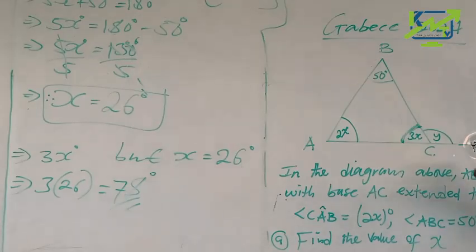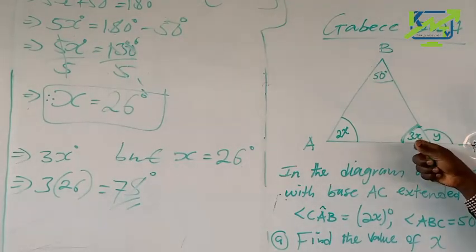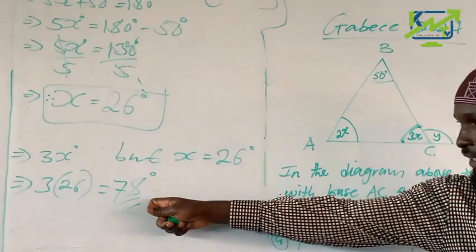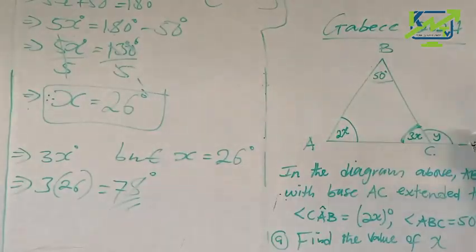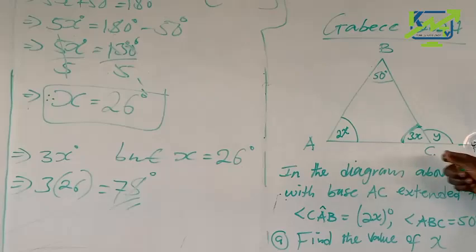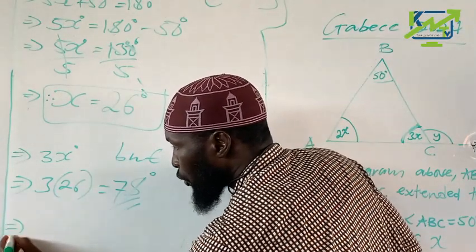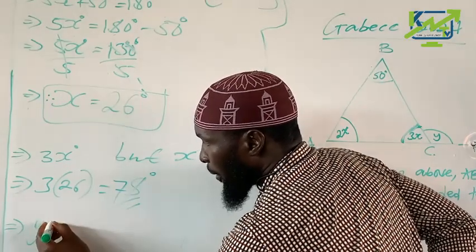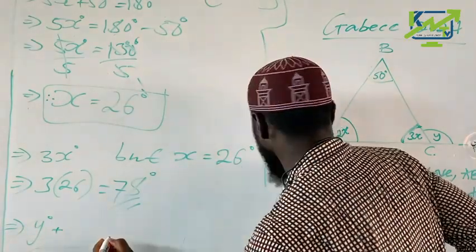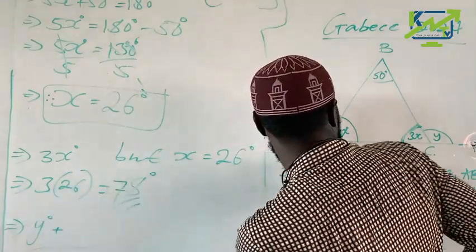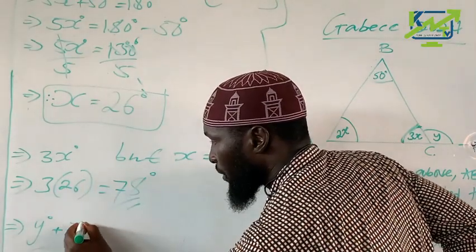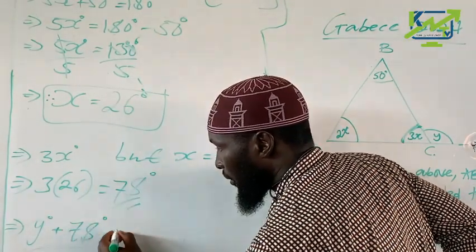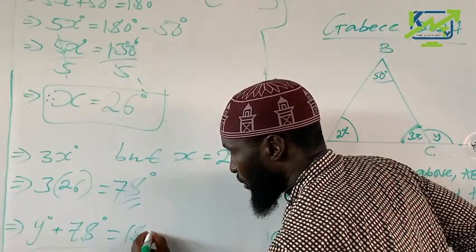So now we are going to find the y value. This angle plus this angle, which is 78 degree, equals 180 degree, angle on a straight line. So to find y, we say y degree plus the other angle, the summation 78 degree, equals 180 degree.